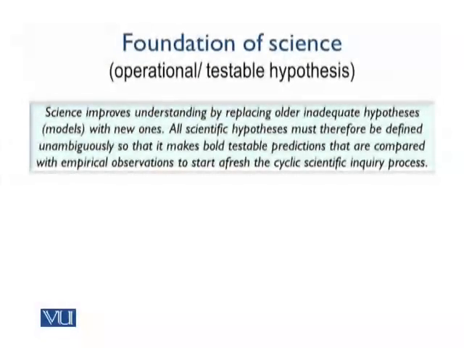So we need to understand that science actually improves understanding by replacing older hypotheses with newer hypotheses which actually give better results and better synchronization with observed data. And an important characteristic of a scientific claim should be that it should make bold predictions.